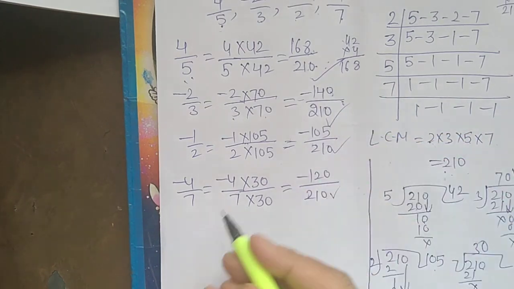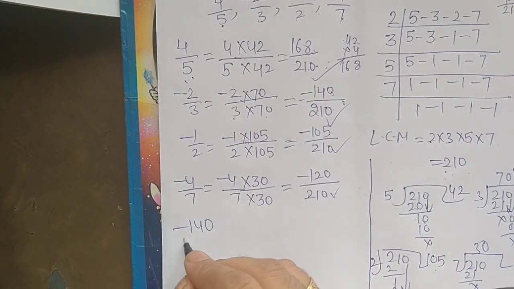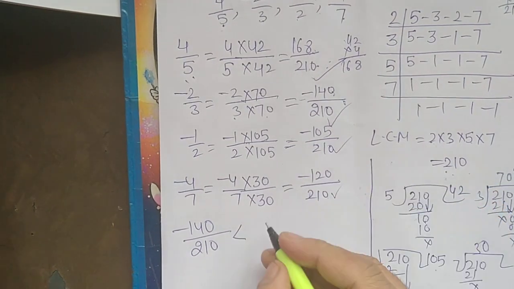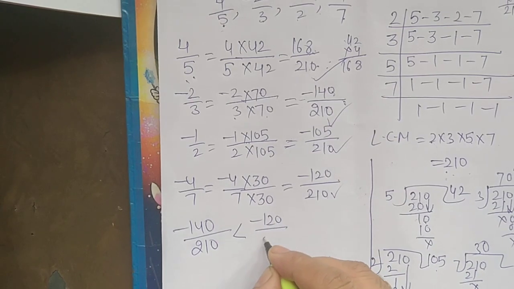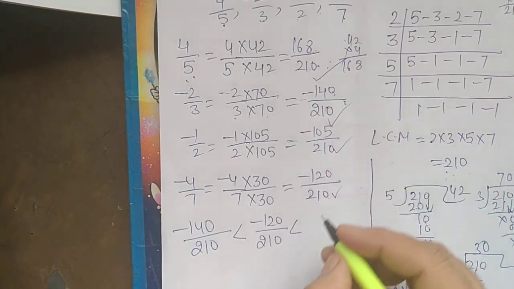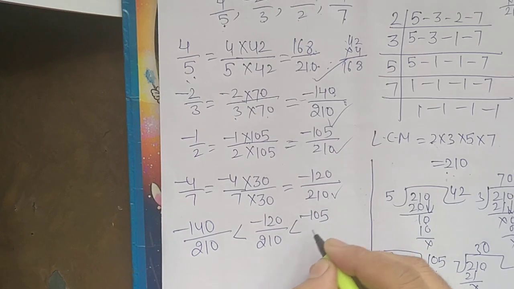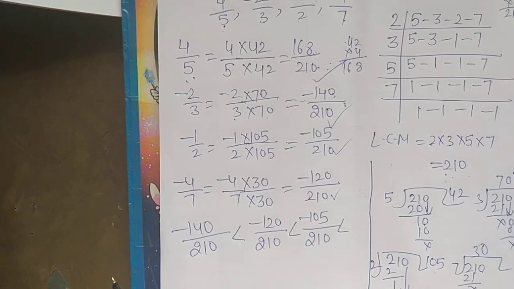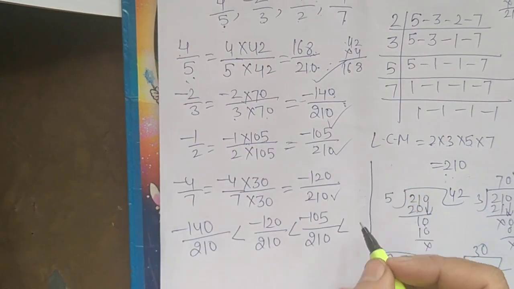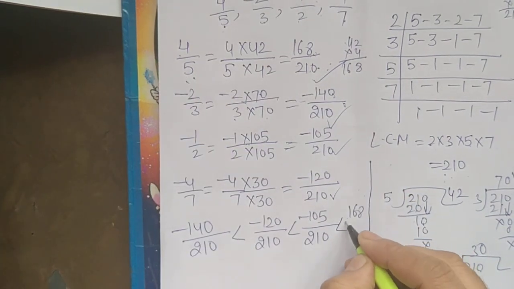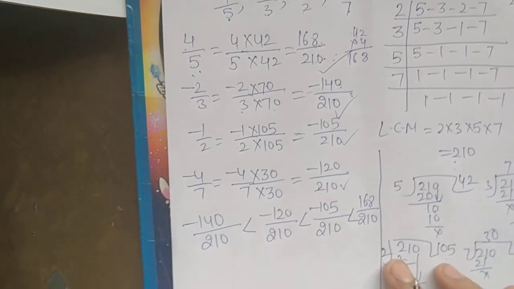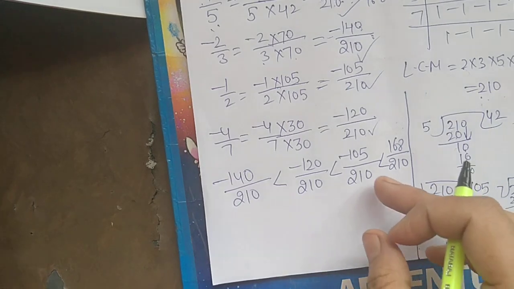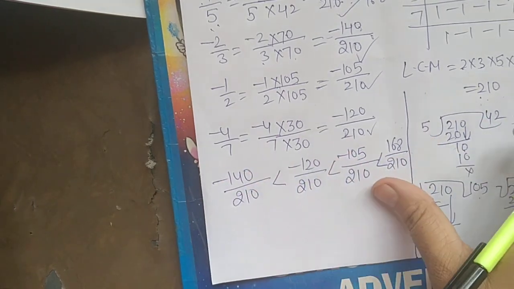So we will write minus 140 divided by 210 is smaller than minus 120 upon 210, then minus 105 upon 210, and next one is 168 upon 210. Now we will write the original numbers, meaning we will write the equivalent fractions.